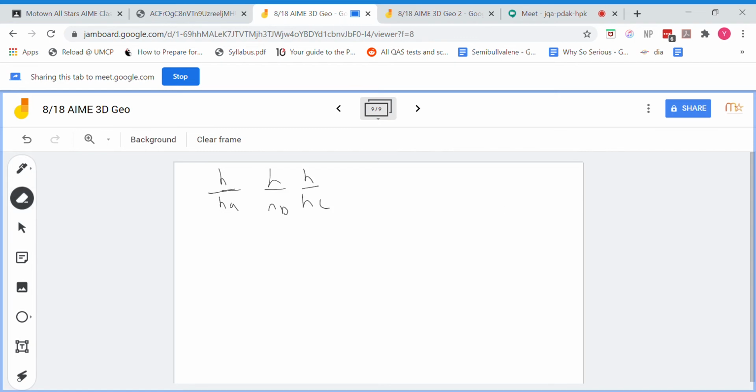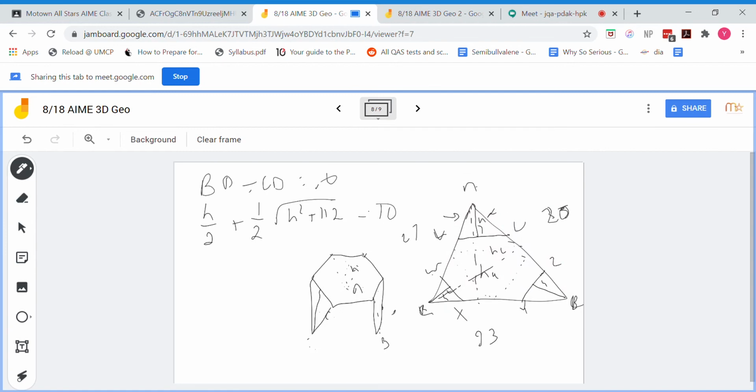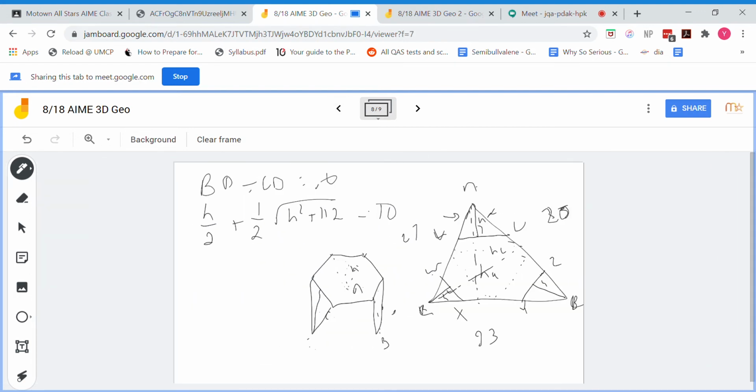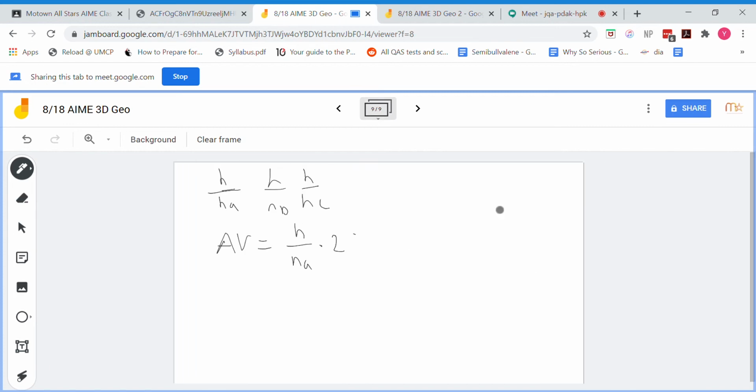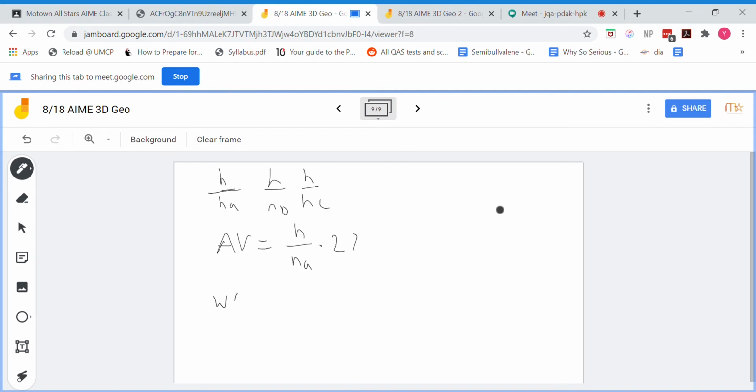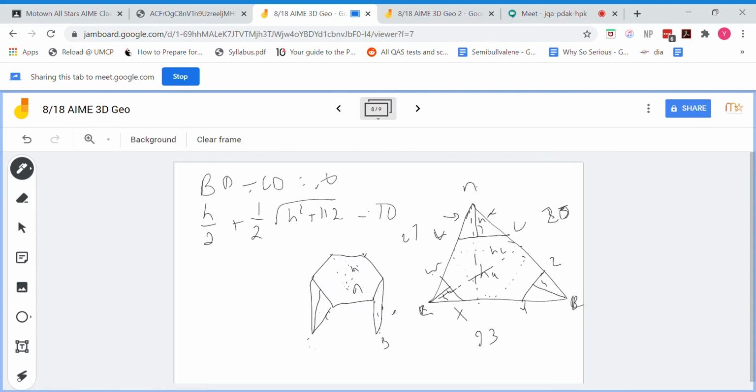So what is then AV? AV equals H over HA times AC, which is 27. And then we also have, if V and W are going to meet, WC equals H over HC times 27. And the criteria is AV plus WC must be at most AC.